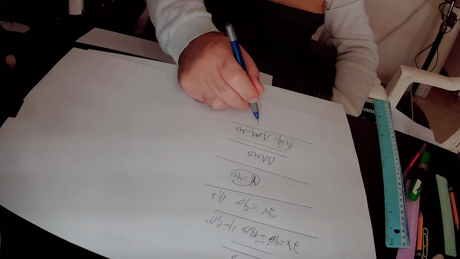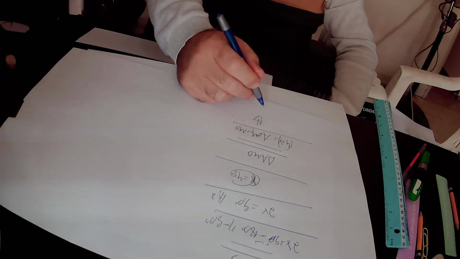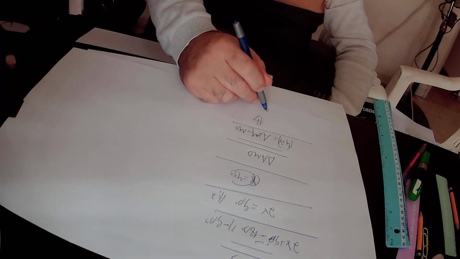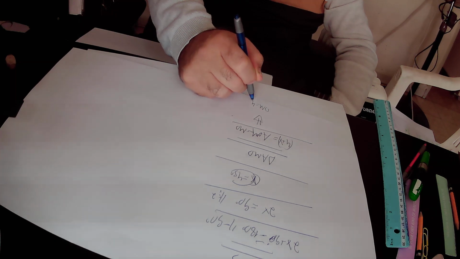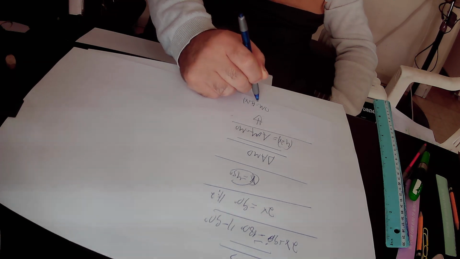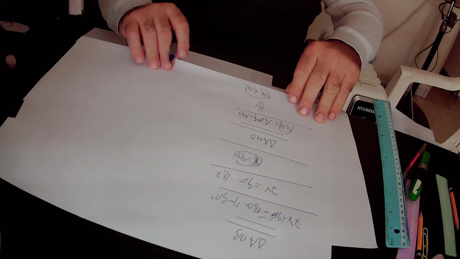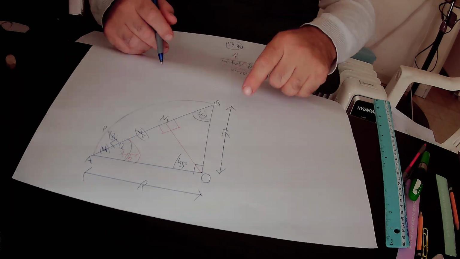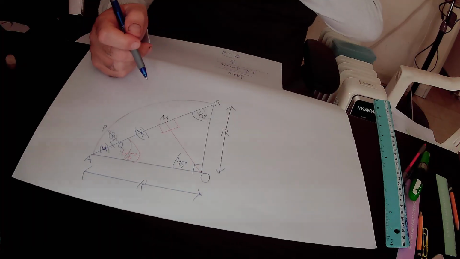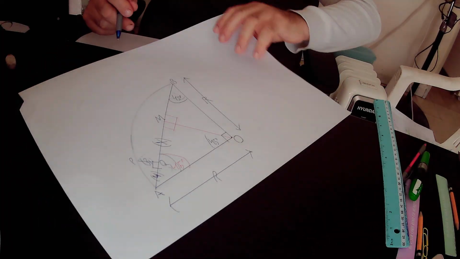We know that side OM must also be equal to 4 plus X units in its length. So this is the missing side OM. This equals X plus 4 units in its length.